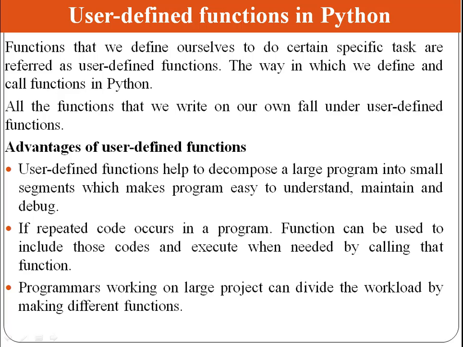What do we want the Python function to do and how can we call it? Do we need to pass one argument, no arguments, or more than two arguments? That depends on our requirement and how we define it for calling the functions. All the functions that we write on our own fall under user-defined functions.